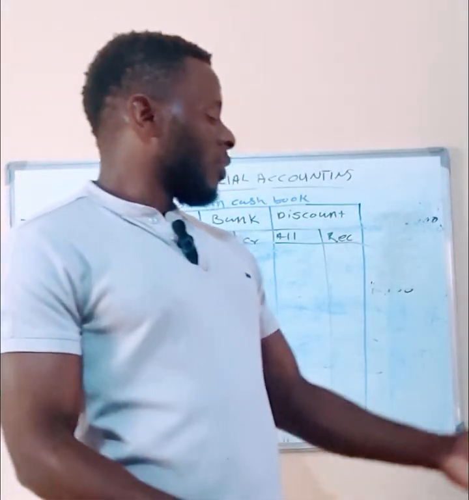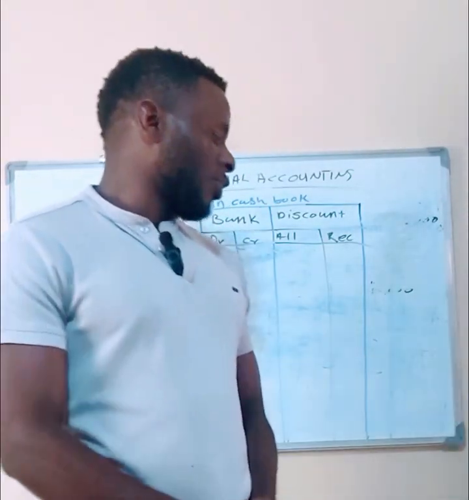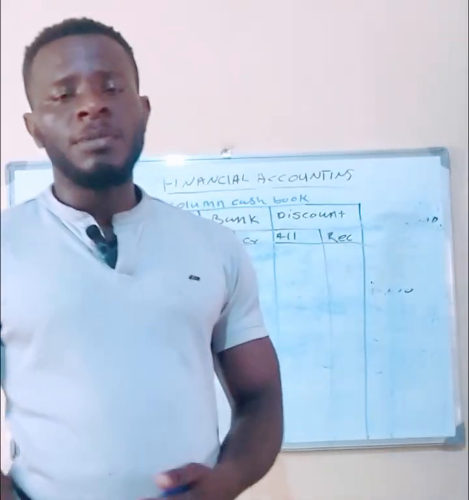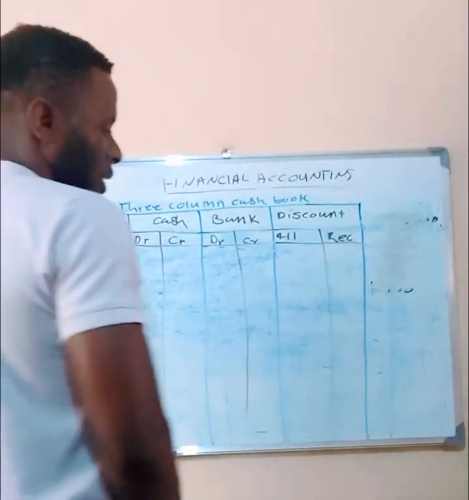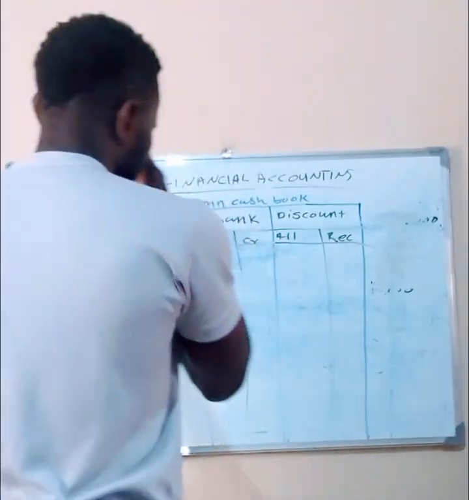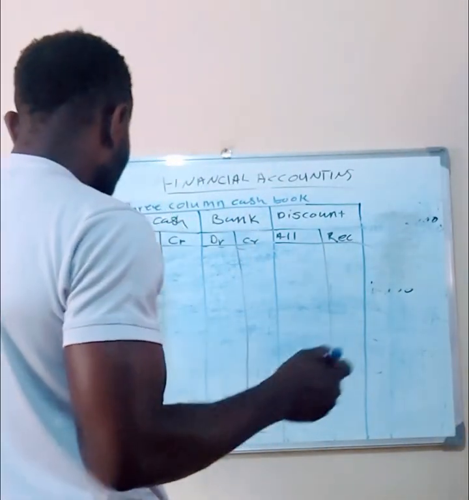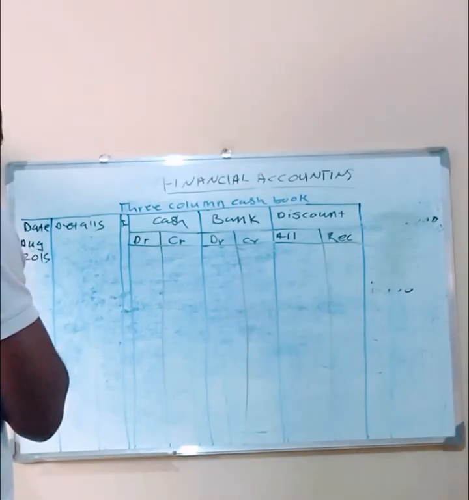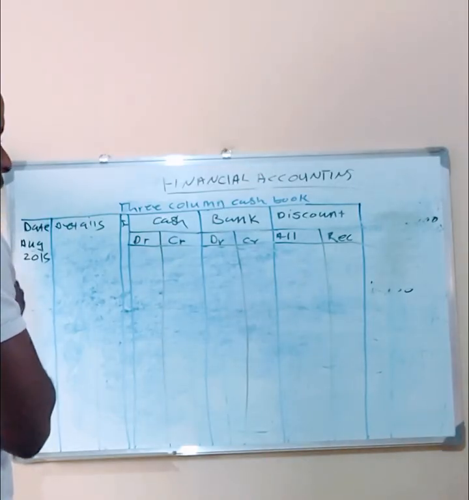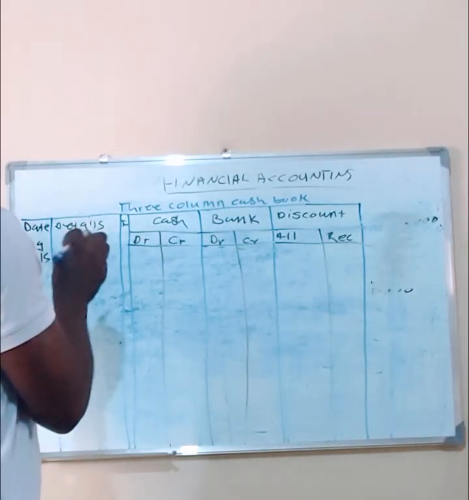So since we are crediting the giver's account, the cash account is going to be debited.